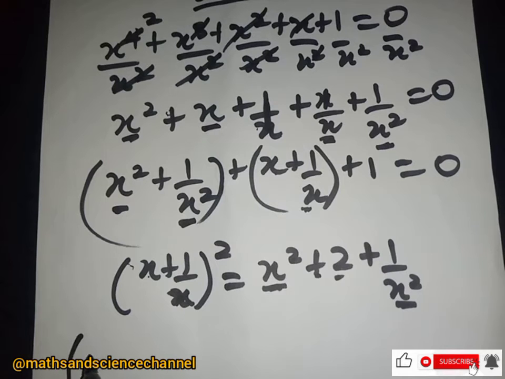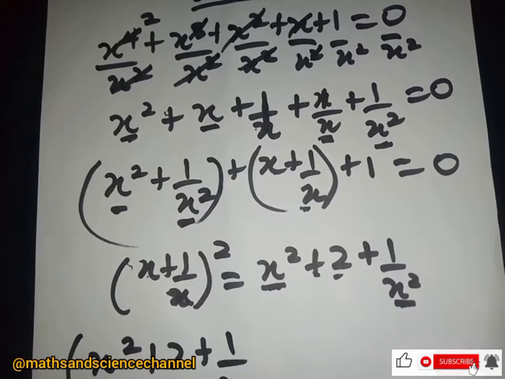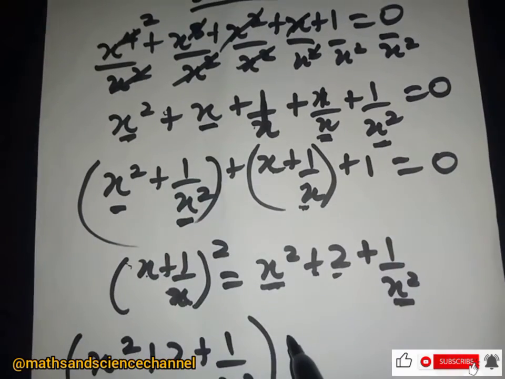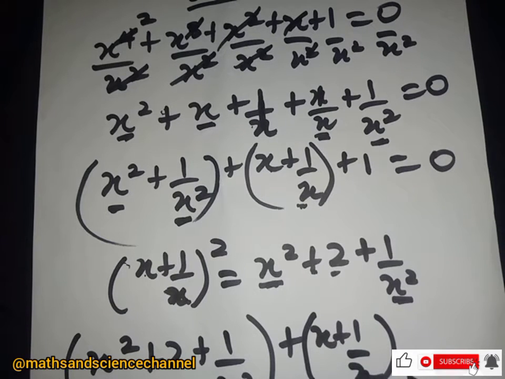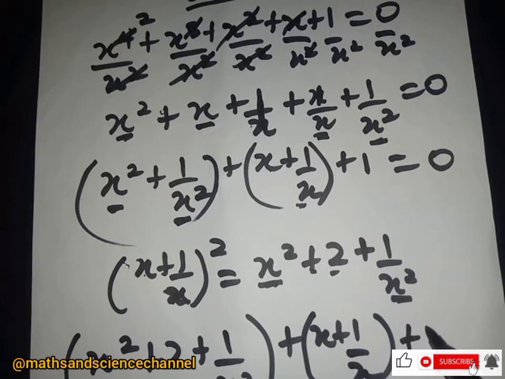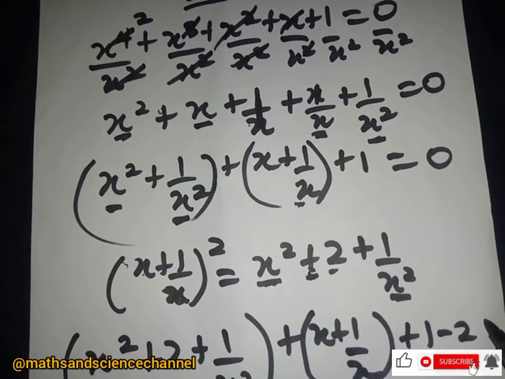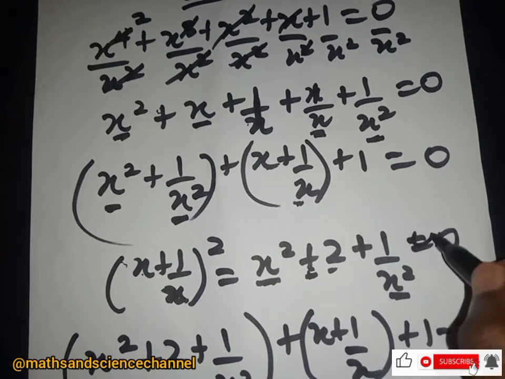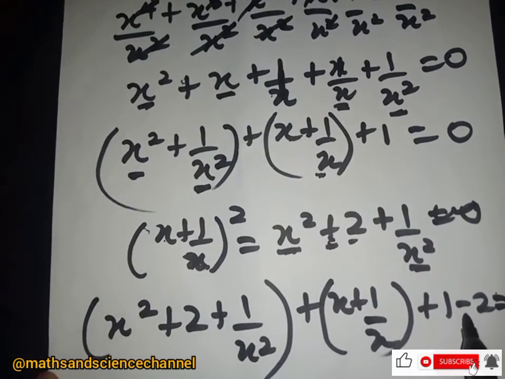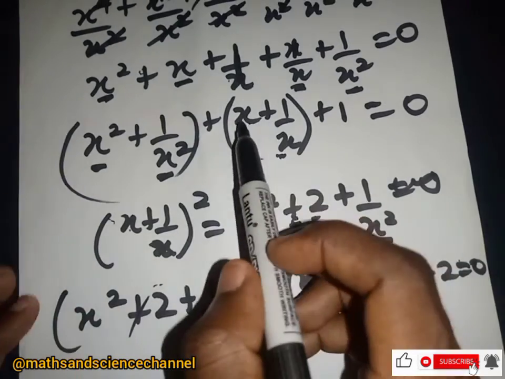So let's put the x squared plus 2 plus 1 over x squared for this part, plus x plus 1 over x, and then we have plus 1, which is here. Since we have plus 2 here, let's subtract 2 as well, and this is just equal to 0. That minus 2 plus 2 will go away, and we are back to our initial equation.